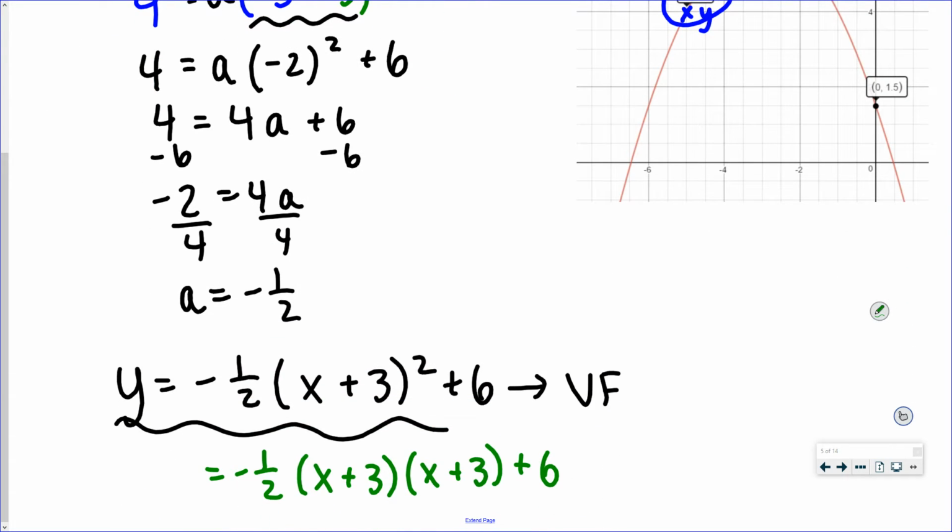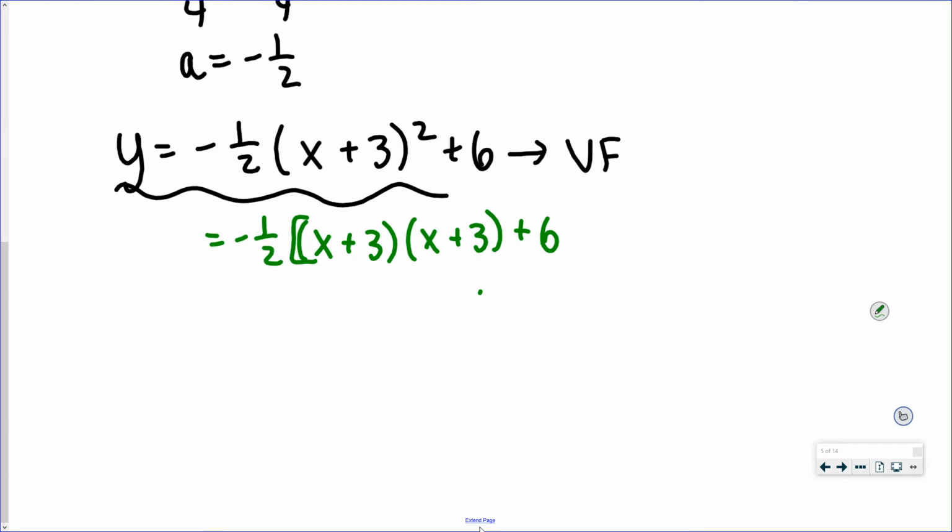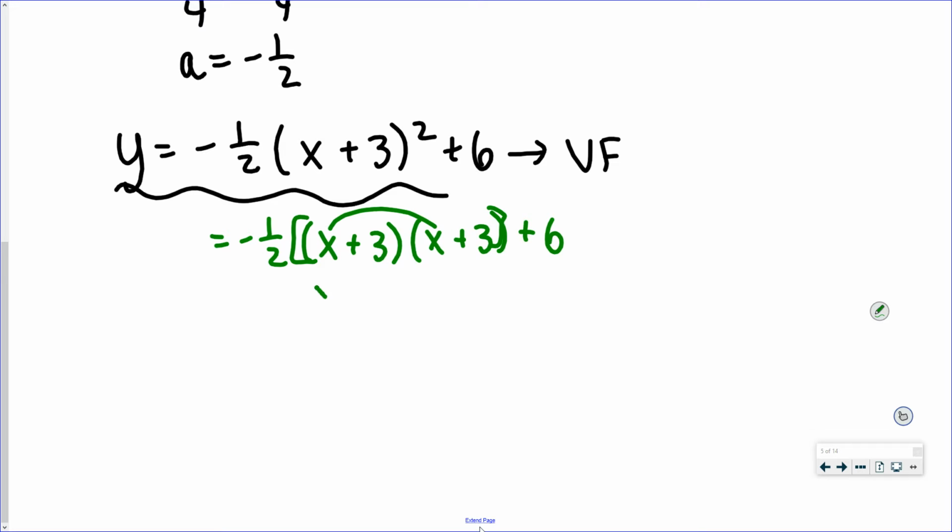Like I said, I would do these first. I'm going to do this in one step because hopefully we've got a lot of practice multiplying binomials. We have x squared, and then I have 3x and 3x, which would be 6x. I'm just adding them in one step. And then I would have 9.